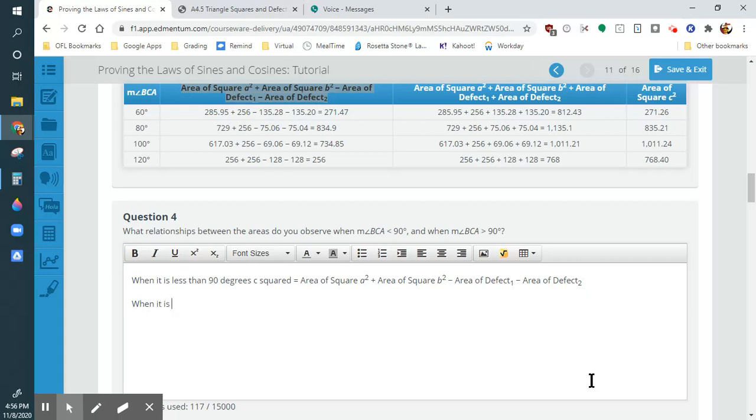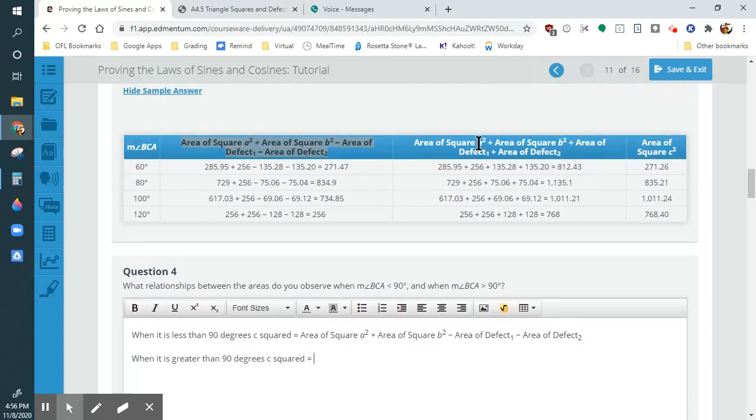When it is greater than 90 degrees, c squared equals this. So when it's greater than 90 degrees, you're going to want to add everything.